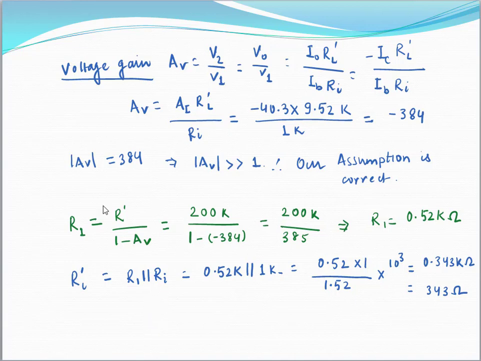So we conclude here Ri dash is less than R1. R1 is how much? 0.520 kilo ohm, and Ri dash is equal to 343 ohm. Means Ri dash is decreasing. Why is it decreasing?